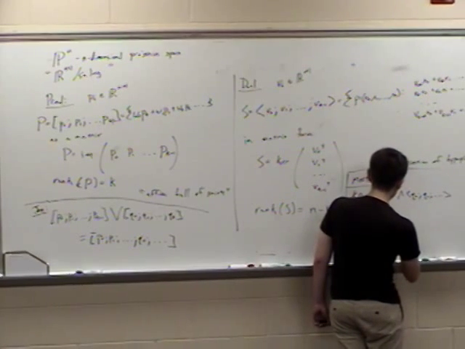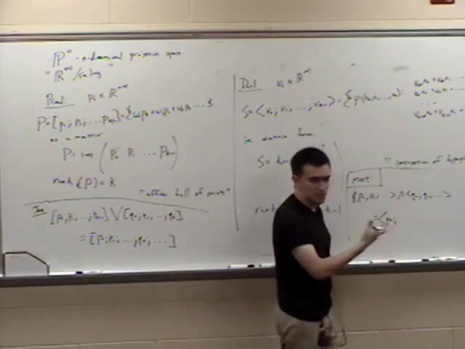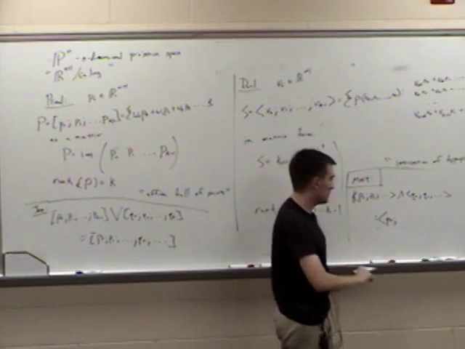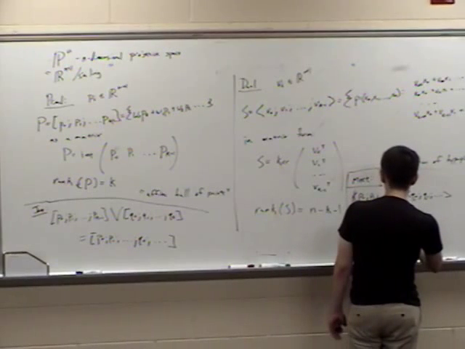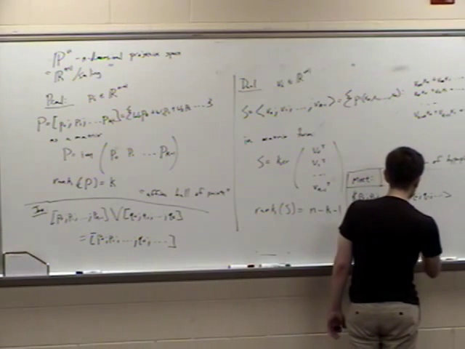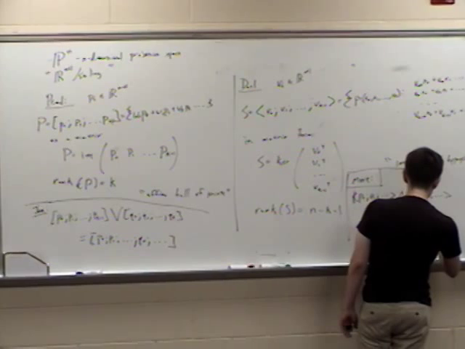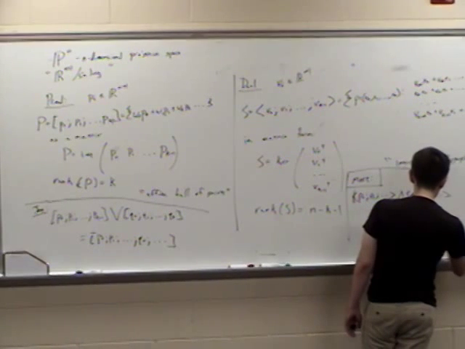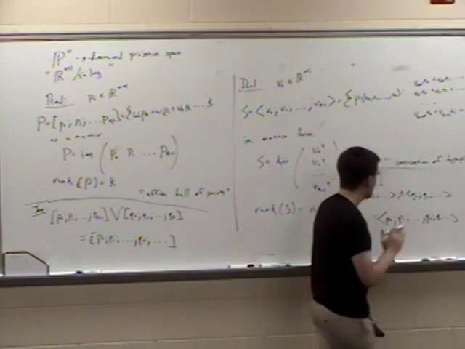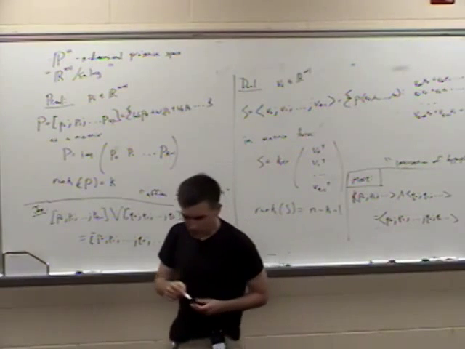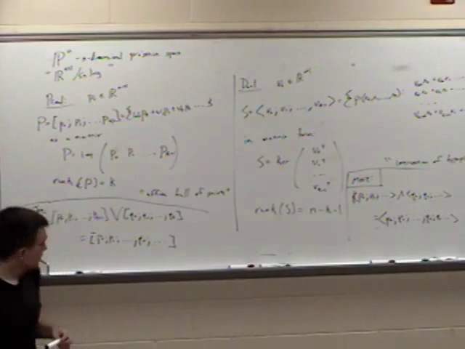I basically just concatenate them together, because all I'm doing is intersecting more planes. So I just stack the rows on top of each other, and that's it. All right, so no big deal. Those are the ways that you do it.